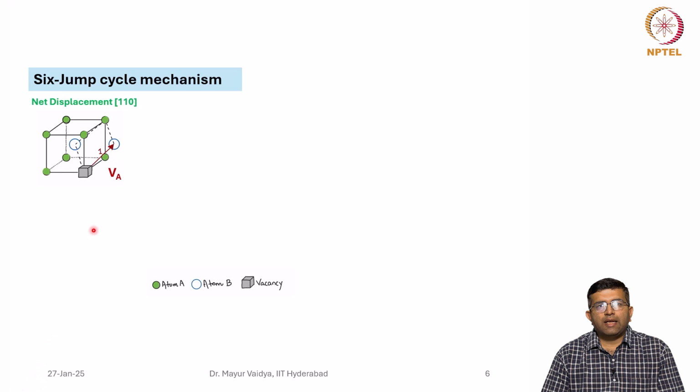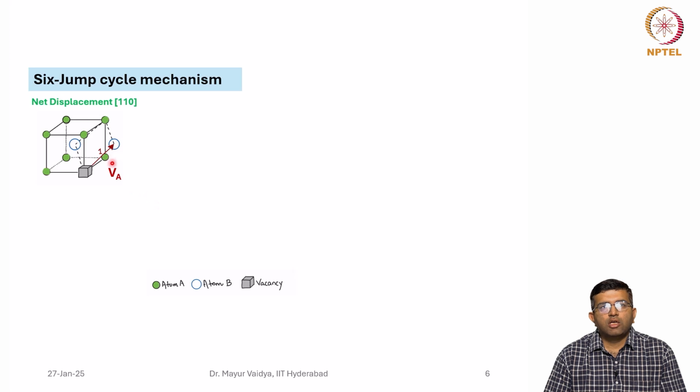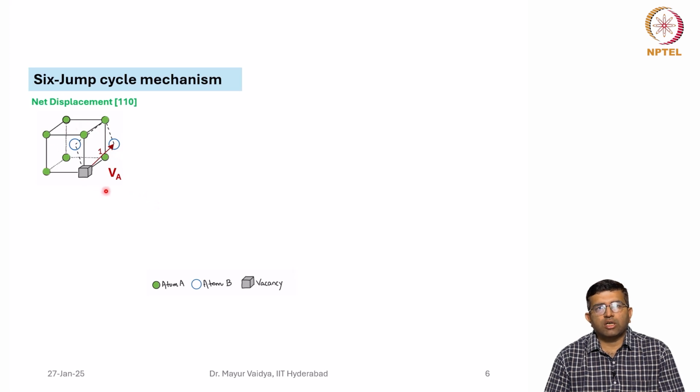Let us say you have this kind of intermetallic structure where the green atom represents A, the open circles represent B, and the gray cube represents the vacancy. In this first structure, this is the A sublattice, this is the B sublattice, and you have a vacancy on the A sublattice.